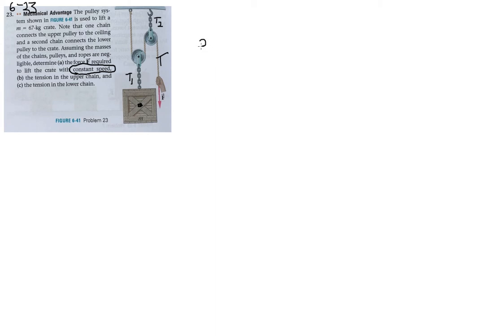The free body diagram of the crate has two forces on it: its weight, mg, and the chain tension, T1. The sum of the forces in the y direction has to be zero because the crate is not accelerating. If we define positive y to be upward, then T1 minus mg equals 0.